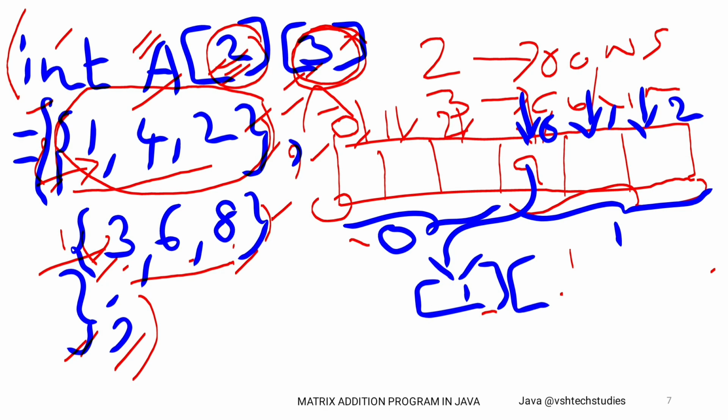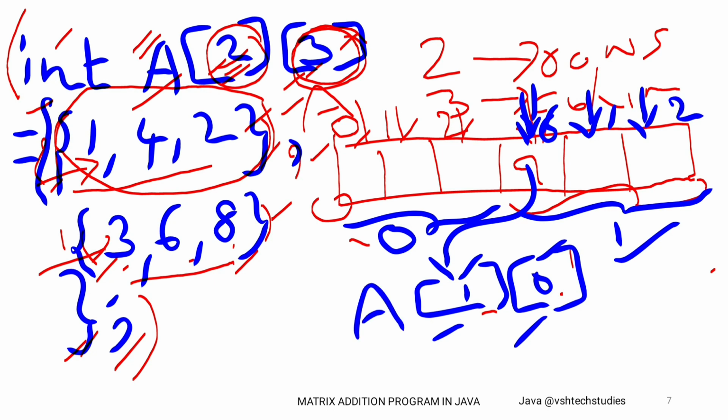First column means index is 0. So this is the row index, this is the column index. It falls in the second row, so index is 1. It falls in the first column, so index is 0. So this is A of 1 0. That is what this memory location is.